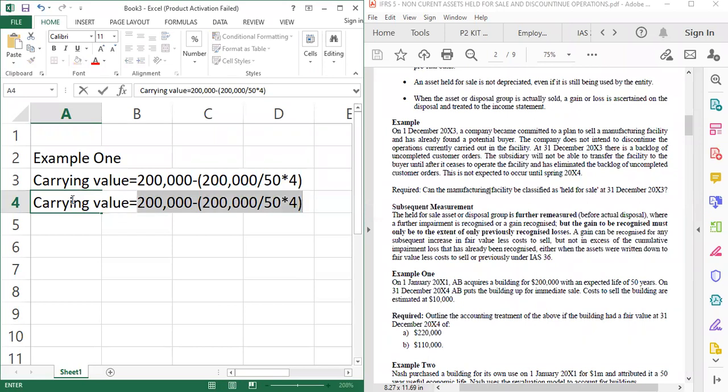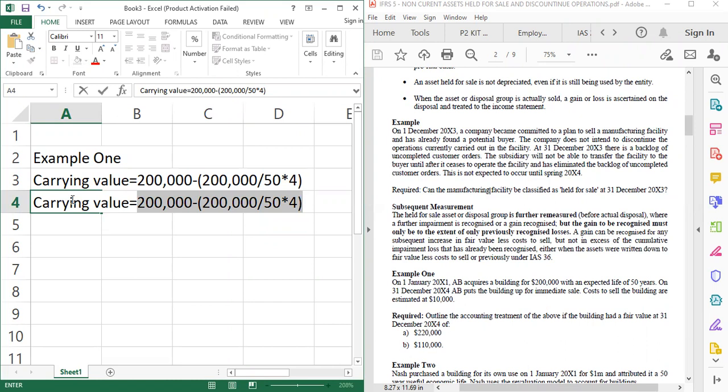16,000. Are you sure? 200,000 over 50 is how much? It will be 4,000. 4,000 times 4 is 16,000.